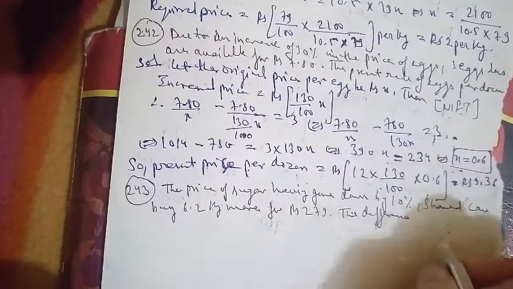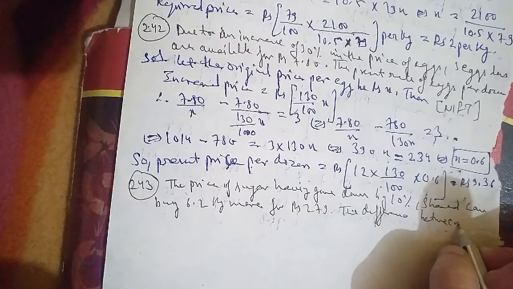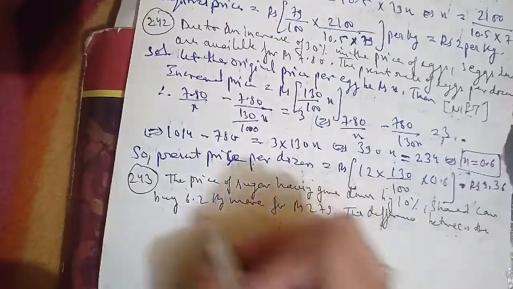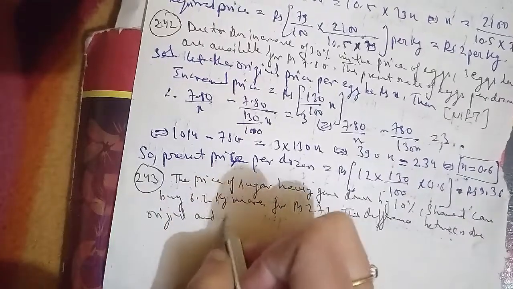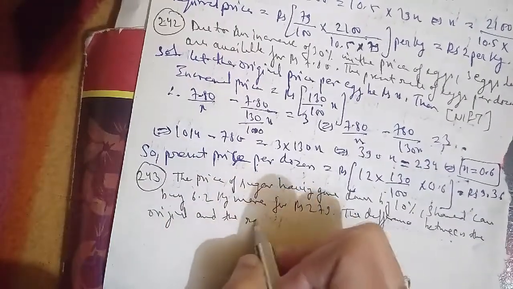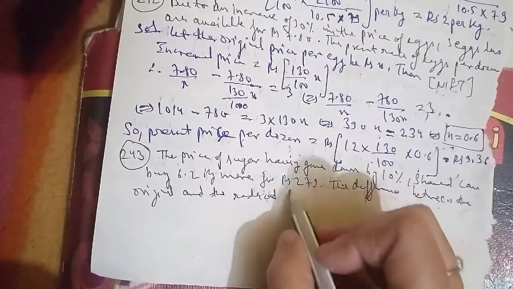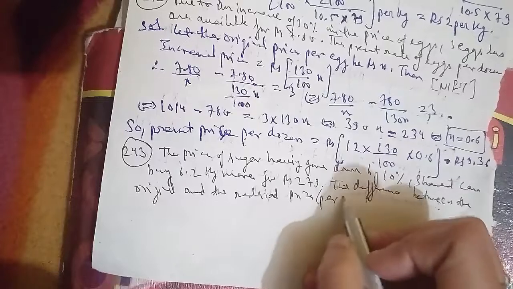So let the original price be rupees x per kg, so the reduced price equals rupees 90x upon 100 per kg.